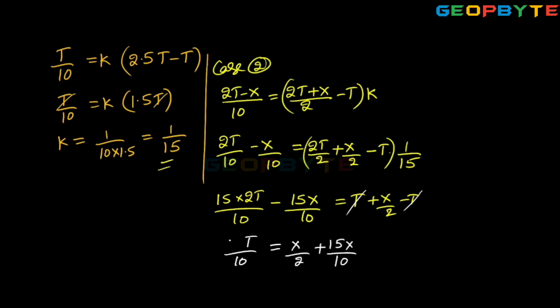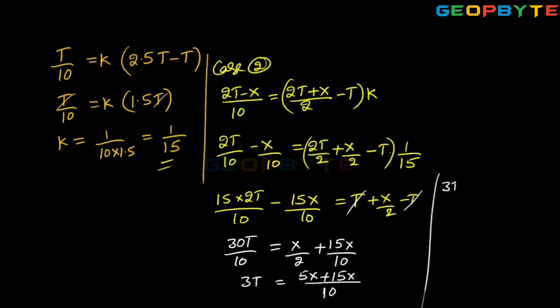Now it can be written as 3T equals, let us take the LCM, (5X plus 15X) by 10.